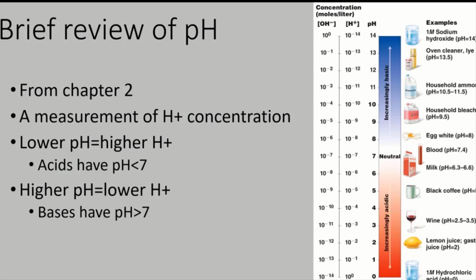But really, the lower the pH, the higher the H plus concentration. And it runs from 0 to 14. So we see down here at the bottom, 0 pH. And it gives some examples of everything along the way. And it runs up to 14. 7, right in the middle, is considered pH neutral. Acids are anything with a pH less than 7.